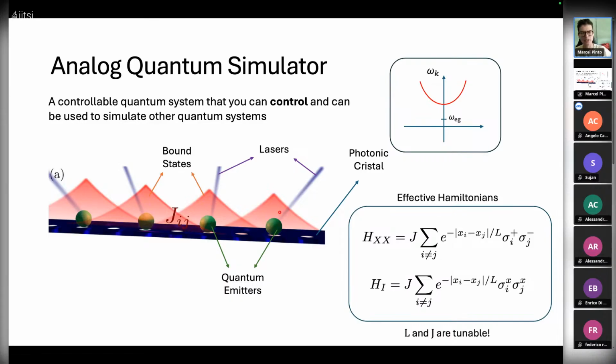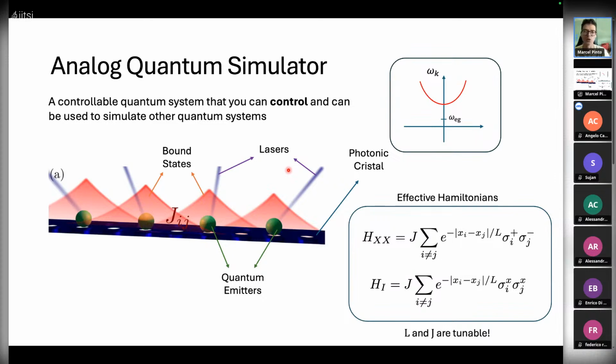As we know, they have an exponential shape, and we see that the parts where they overlap give an interaction between qubit i and qubit j. They also address these quantum emitters with lasers, and these lasers give some tunability to the system.